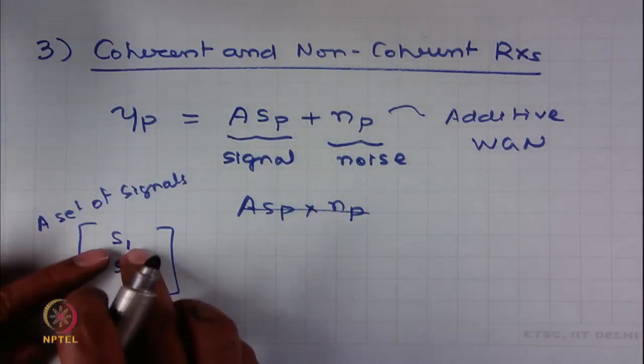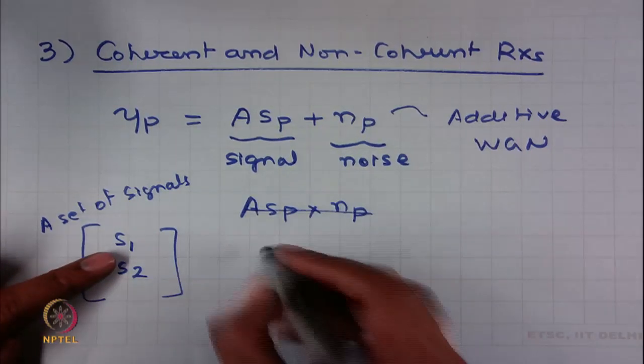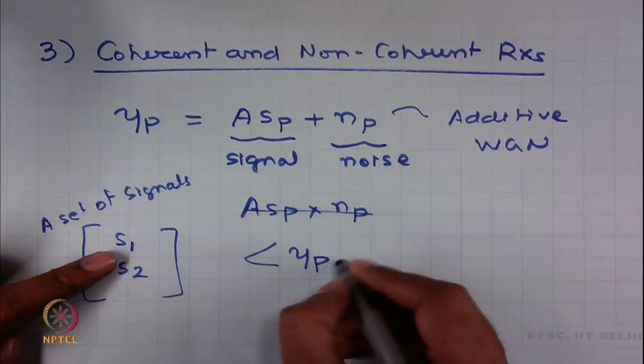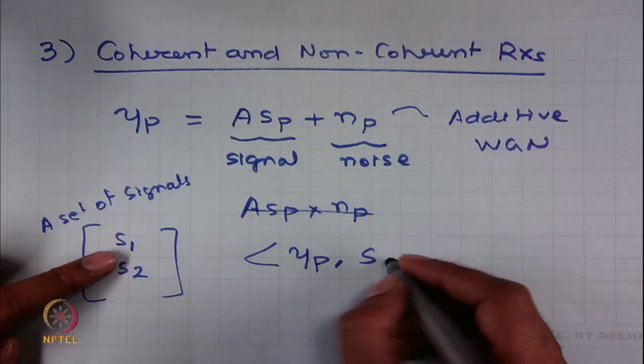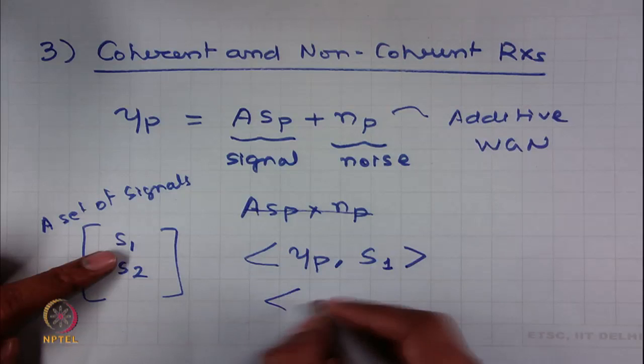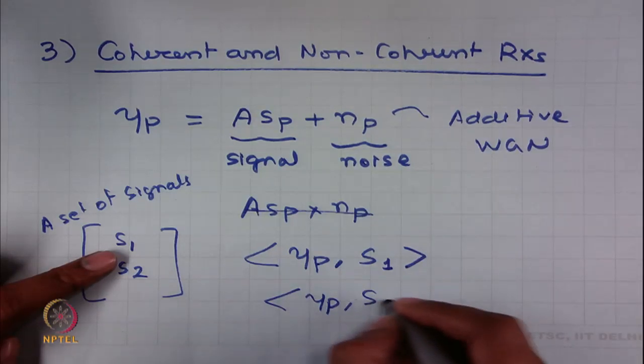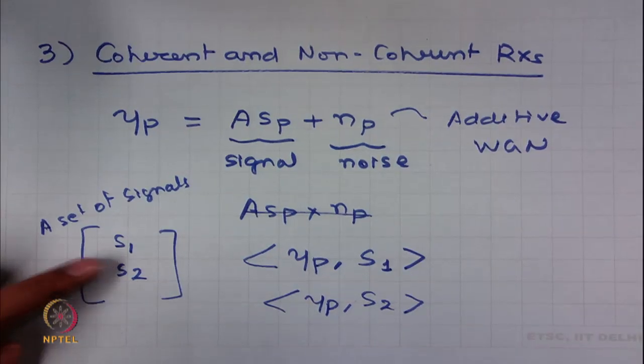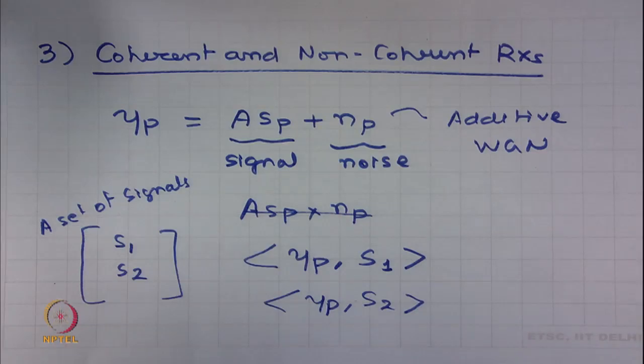So, what the receiver does is whatever it receives, it takes the inner product with this. Okay. So, let us say it receives YP and it takes the inner product with signal S1. It receives YP and it takes the inner product with signal S2. So, this is normally what a receiver does. Okay.